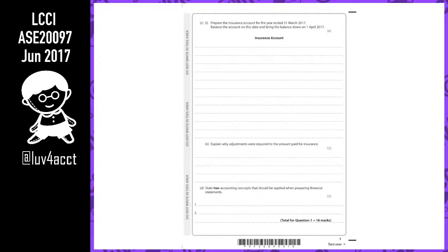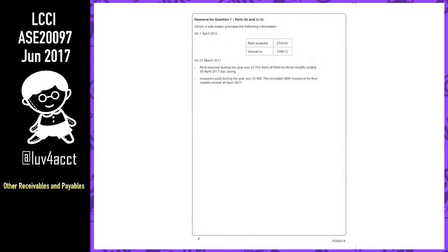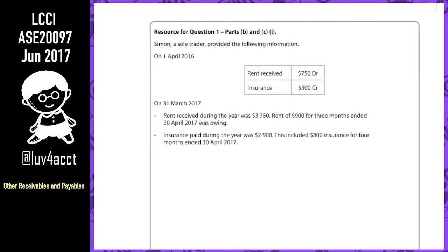So this is related to other receivables and payables. So 18 marks, 2 accounts. So let's see what is given to us. Very short information.